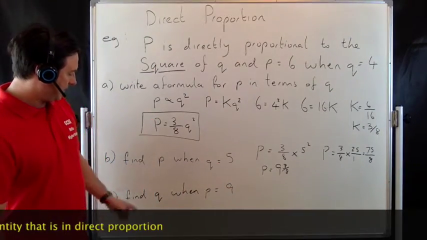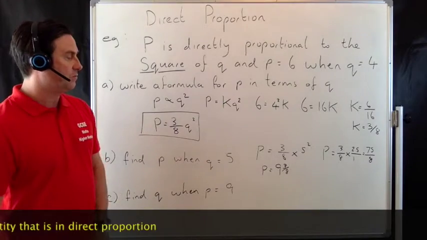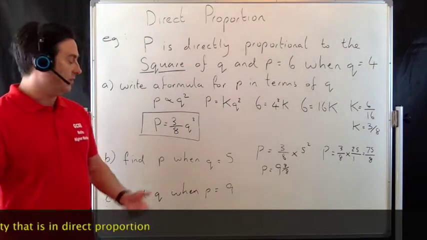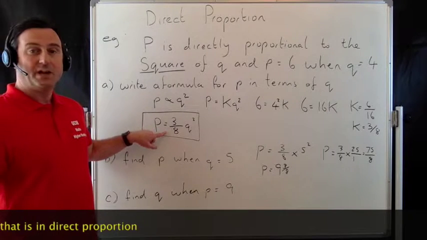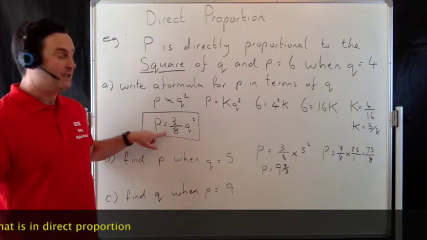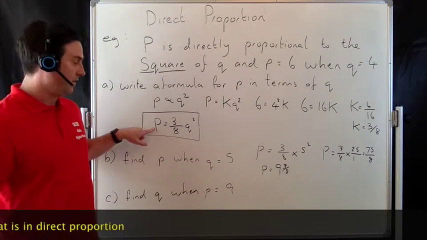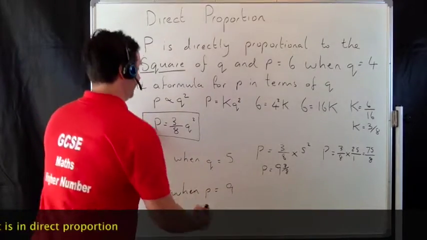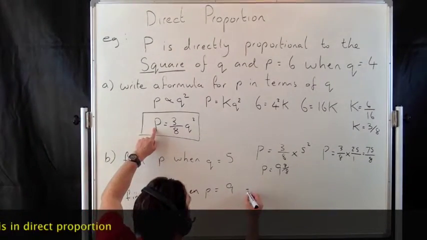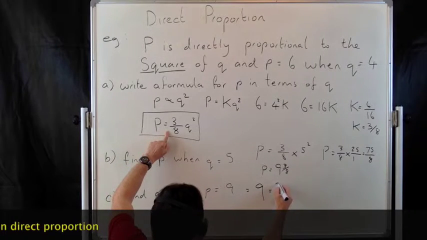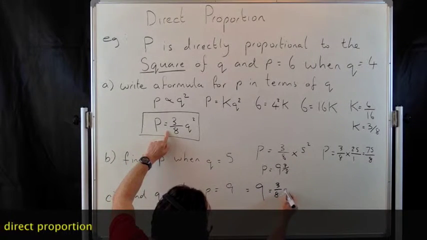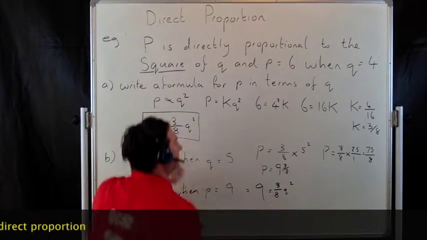And the last part here, find Q when P equals 9. Slightly harder. We've now got to go back to our original formula, and we've got to replace P with 9. So this time we get 9 equals 3/8 of Q squared.